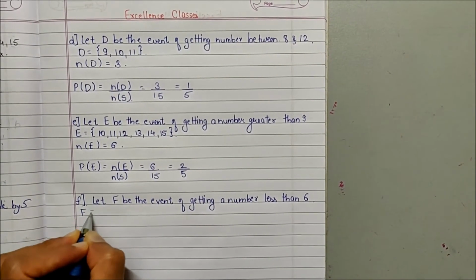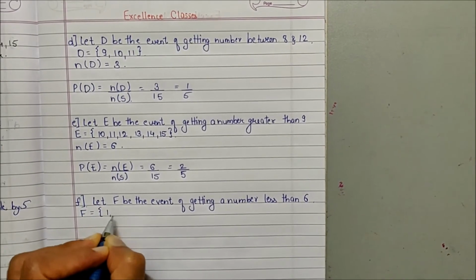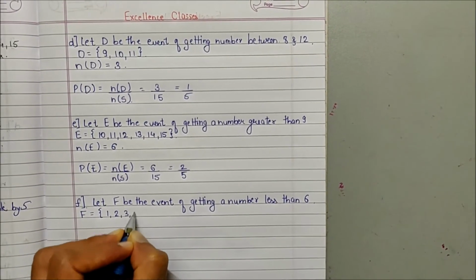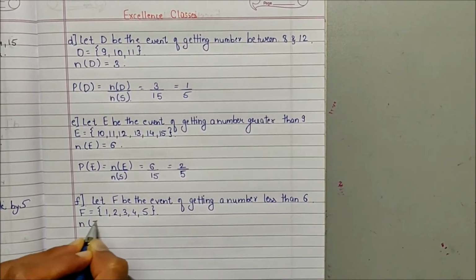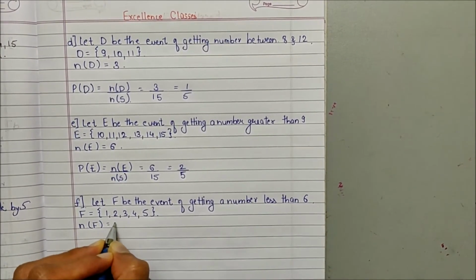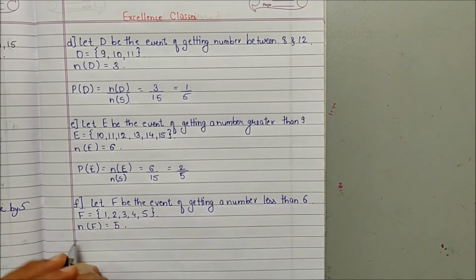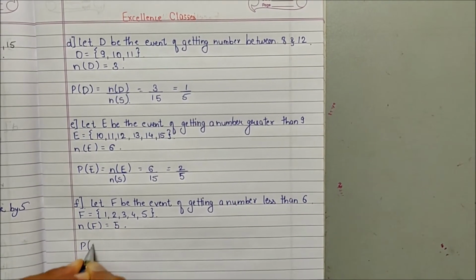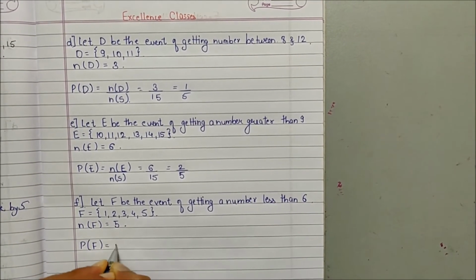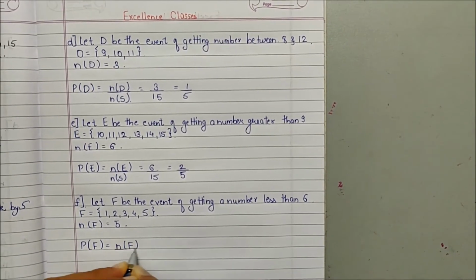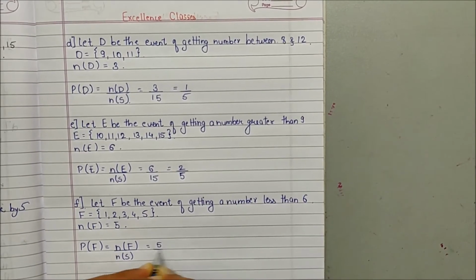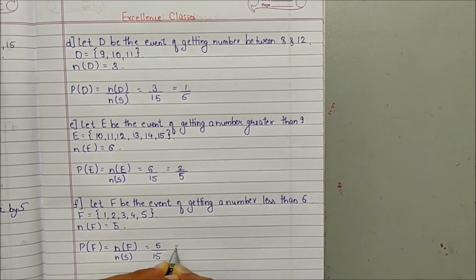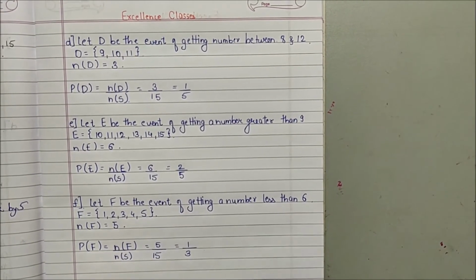So the event F is going to be 1, 2, 3, 4 and 5. N of F will be 5. So P of F is going to be N of F upon N of S, which is equal to 5 upon 15, 1 by 3.